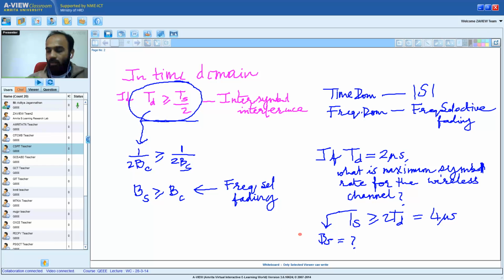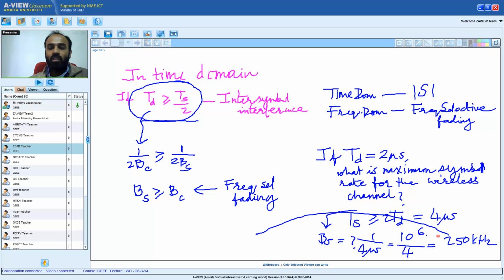That is correct. Bandwidth of the signal equals 1 over 4 microseconds, that is 10 to the power of 6 divided by 4, which equals 250 kilohertz, right?